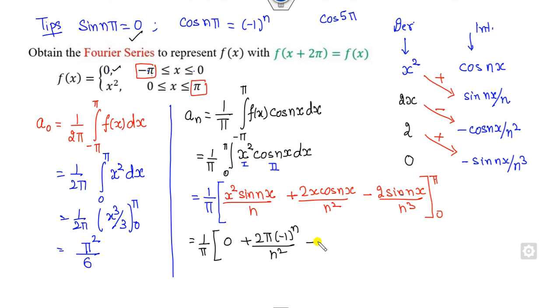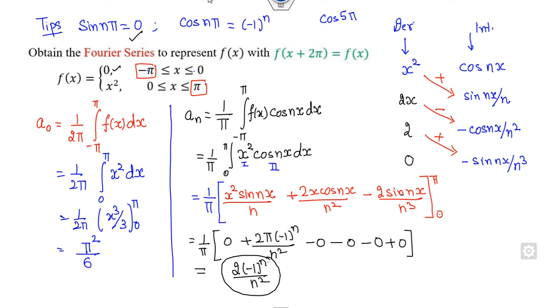Sine n pi is 0. Minus, I can substitute lower limits, it is 0. Minus 2x, x will be 0. Minus sine 0 will be 0. So what is the answer of this? If I substitute, pi will be cancelled out. It's twice minus 1 raised to power n over n square. This is the value of a n.